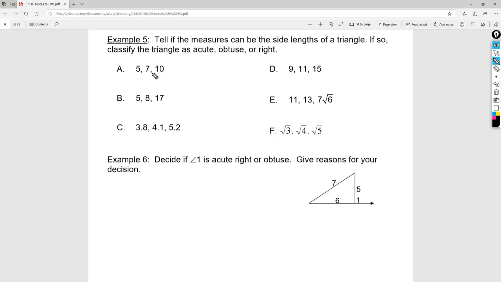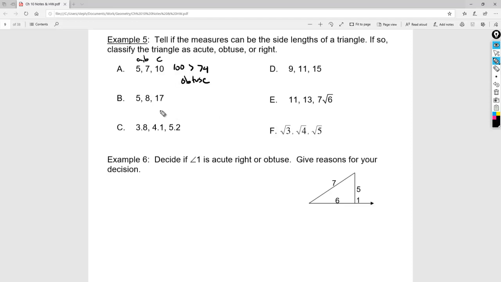Okay, so for my first example, my hypotenuse, c, will be 10, and then a and b will be 5 and 7. So if I'm comparing, I will have 100, and then 5 squared plus 7 squared is 74. Okay, 100 is greater than 74, so that means c squared is greater than a squared plus b squared, so this will be an obtuse triangle.